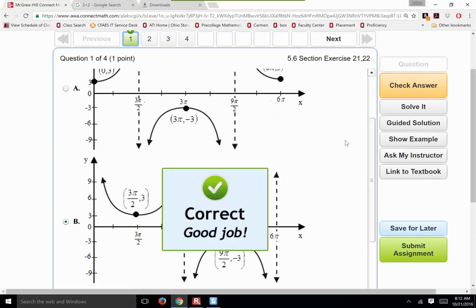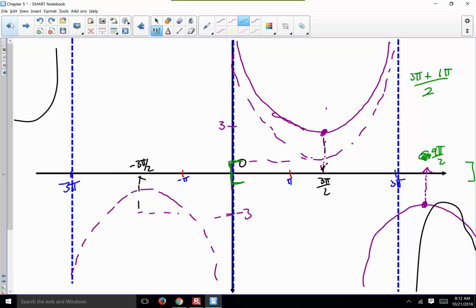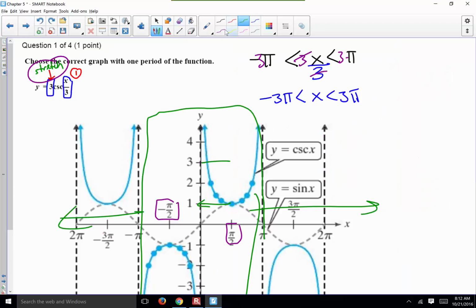They didn't ask the period, but in case they do, what is the period? Period is always found by 2 pi over B. B is the number in front of x, which is 1 over 3.